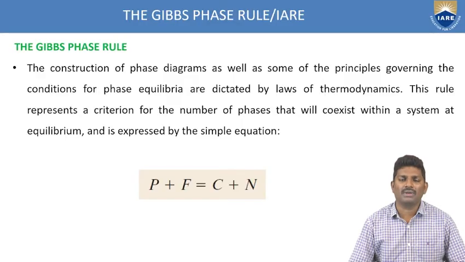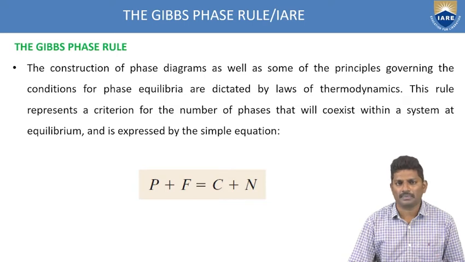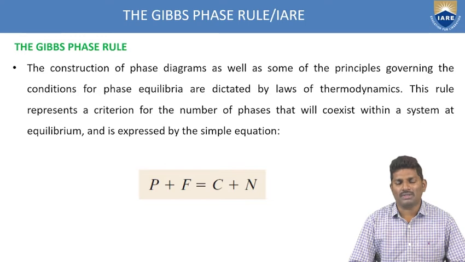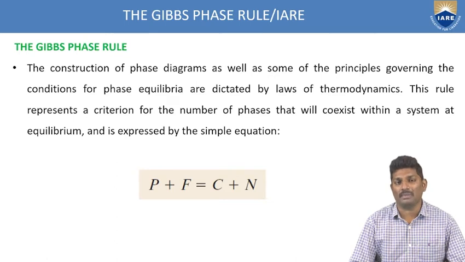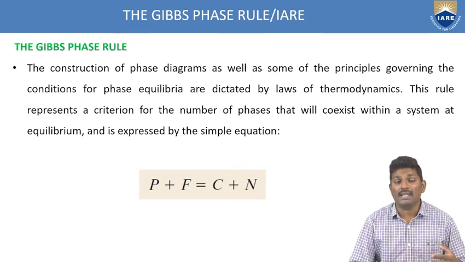In order to construct any phase diagram or understand the conditions of equilibrium, the laws of thermodynamics are very useful for us to draw the phase diagrams. So what does this Gibbs phase rule tell us? It provides the information of how many phases are present in the phase diagram, what the variables in the phase diagram are, and how many degrees of freedom of these variables are present.